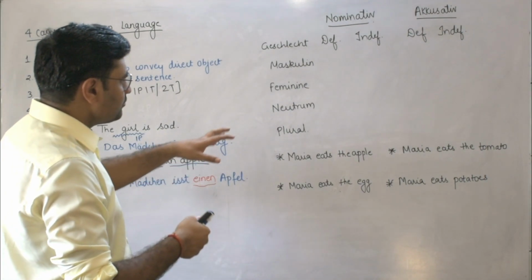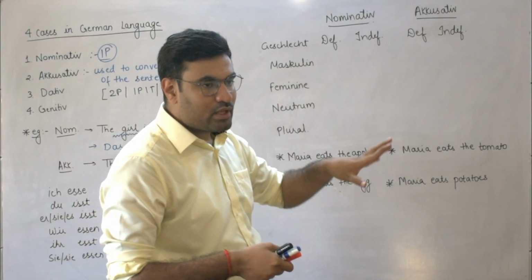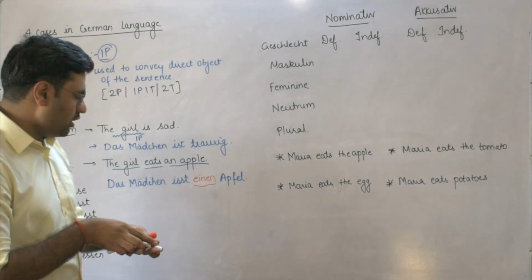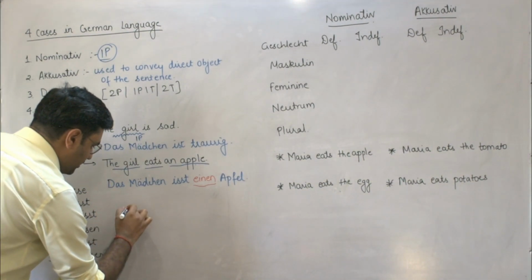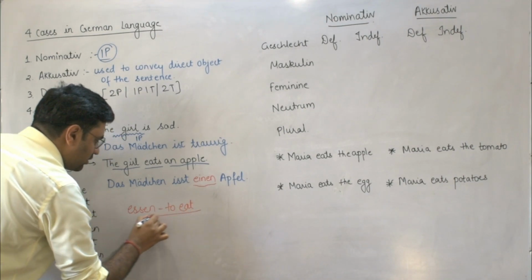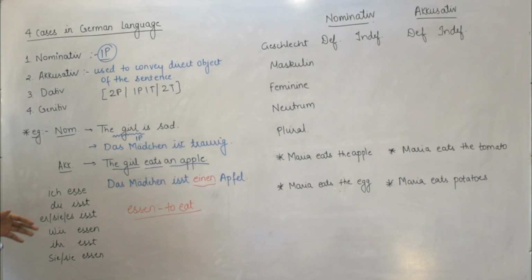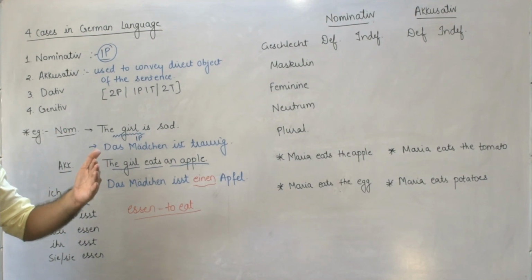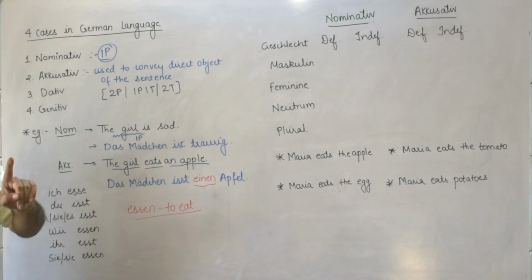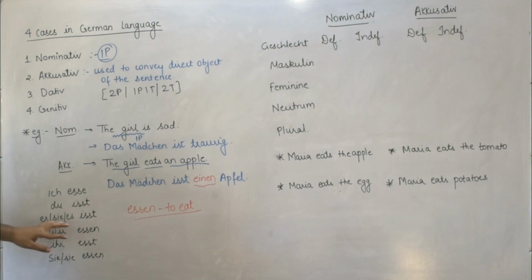Before explaining this, I want to tell you the verb conjugation of the verb essen. Essen means to eat. Now, if I eat something, the verb will take the conjugation ich esse. If the second person singular is eating, I'll use du isst, in the informal sense; in the formal sense we'll write it as Sie.